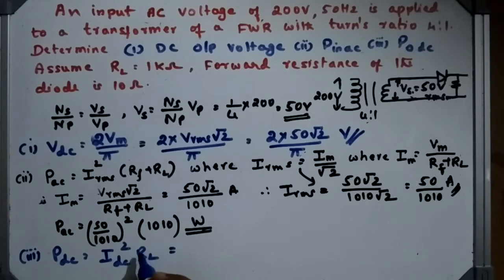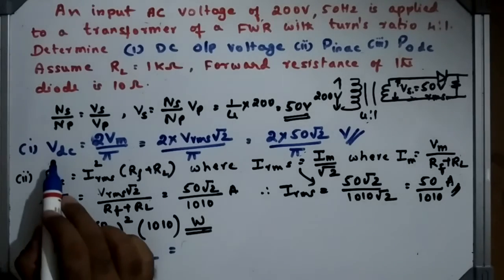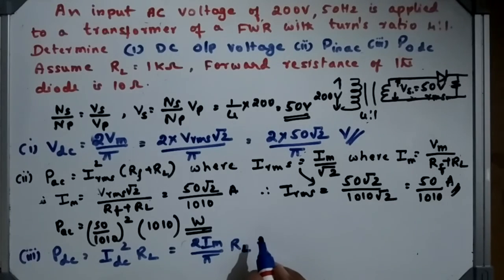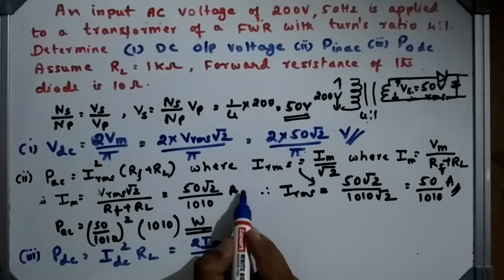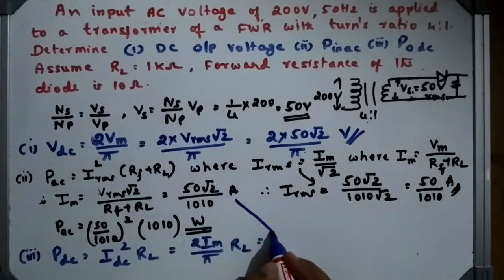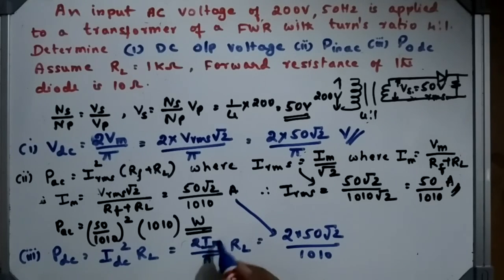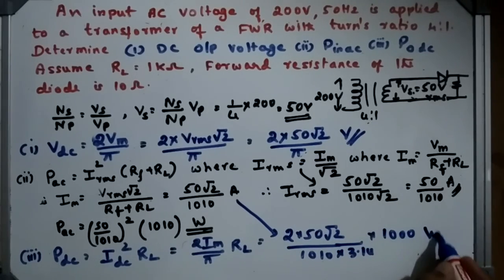See, VDC is 2Vm by pi, IDC is 2Im by pi. Im you have calculated here, so you can substitute it here. So 2 into 50 root 2 divided by 1010, this is 2 Im by pi, 3.14, into RL. RL is 1000. This much watt.